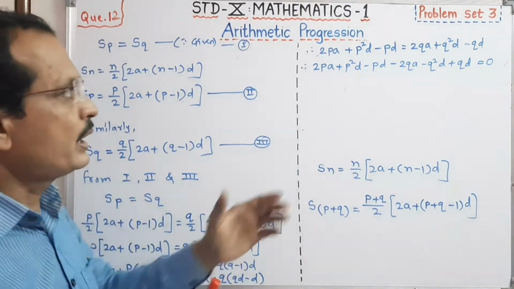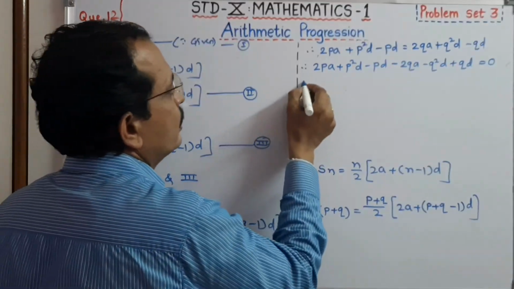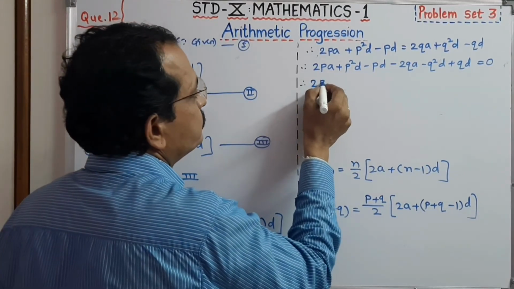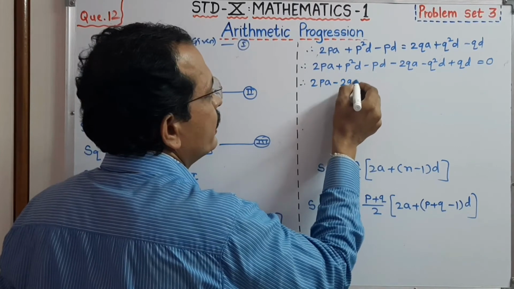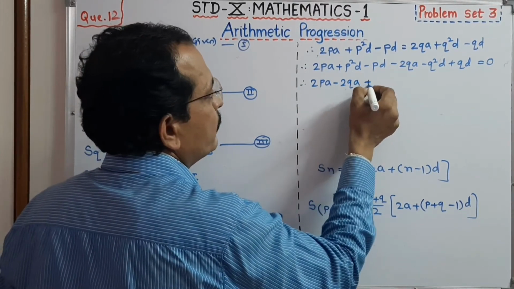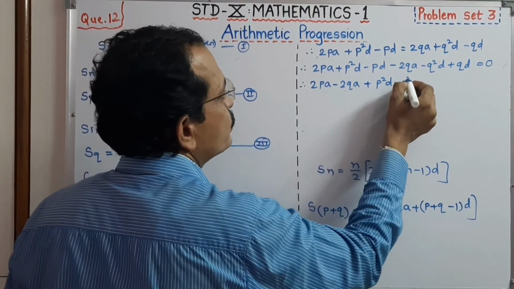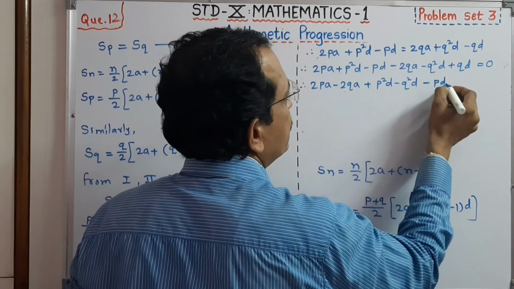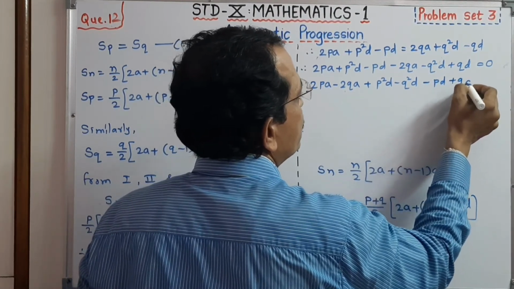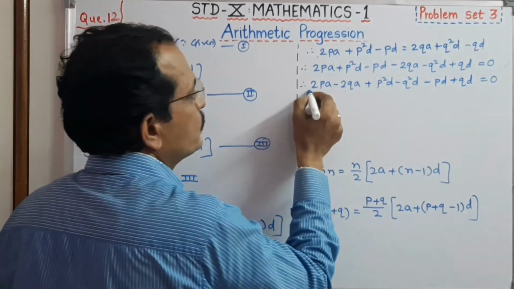All these terms I take on one side. Then we get 2pa minus 2qa plus p square d minus q square d and minus pd plus qd is equal to 0. We take the similar terms together.